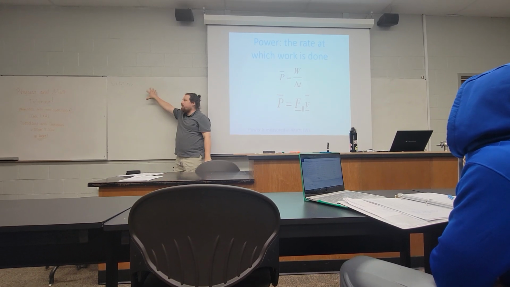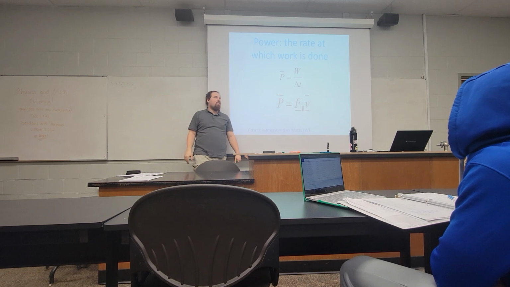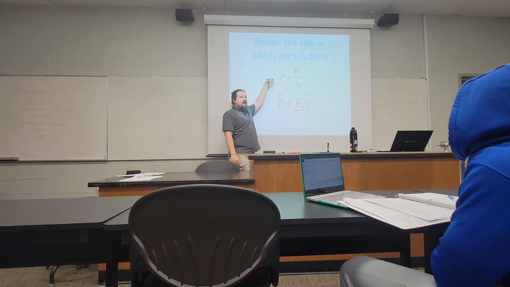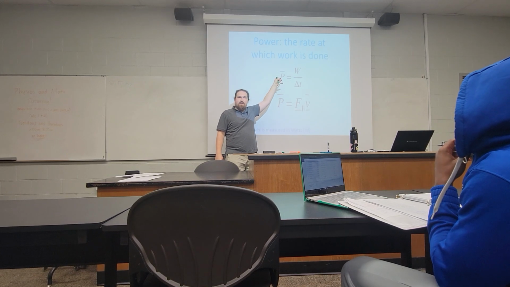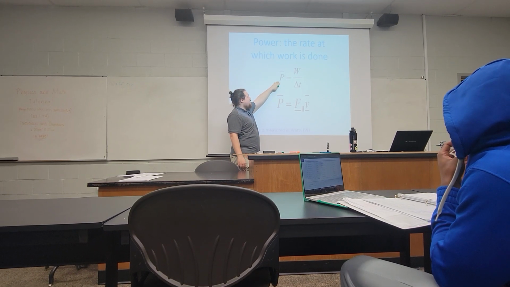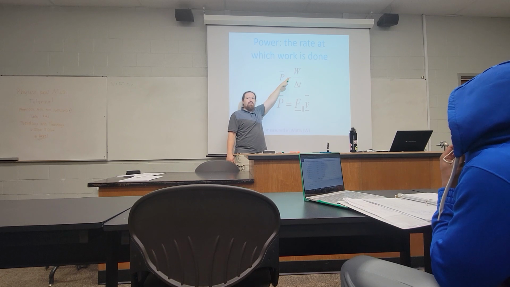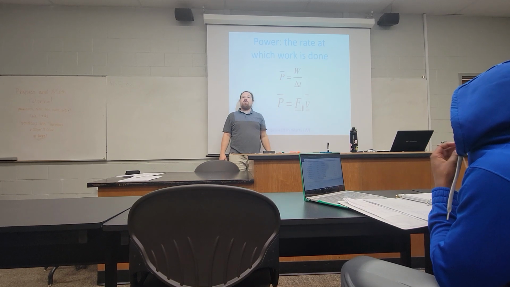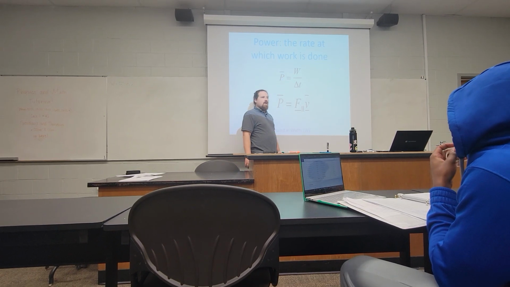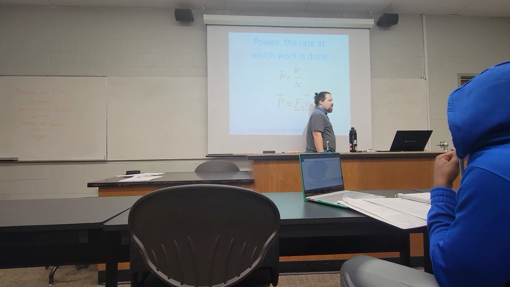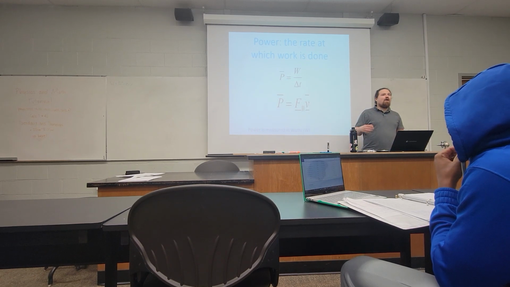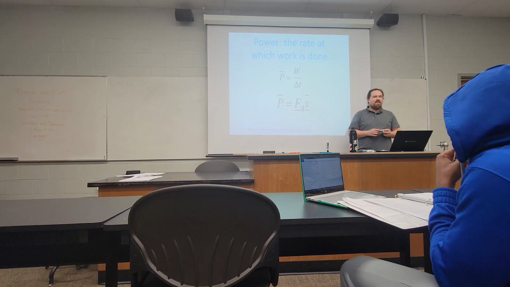Work is the energy used up, the amount of task performed. Power is how quickly it is done, how easily it is done. The formula for power, capital P, is work over time. It is the rate at which work is performed. The more quickly you can get your work done, the higher your power output is as far as physics is concerned.